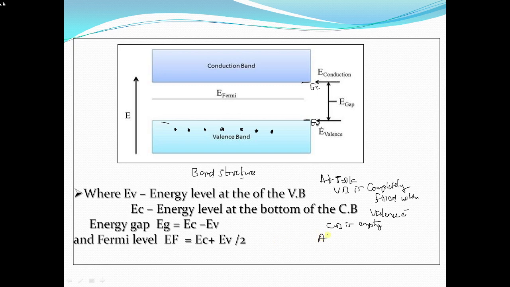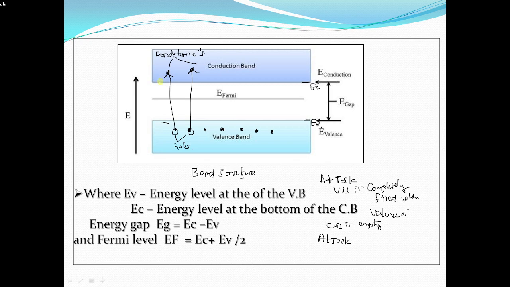Okay. At T greater than 0 Kelvin, when you give temperature, what happens? The electrons jump from the valency band to the conduction band, leaving vacant spaces. These we call holes, and these we call conduction electrons.